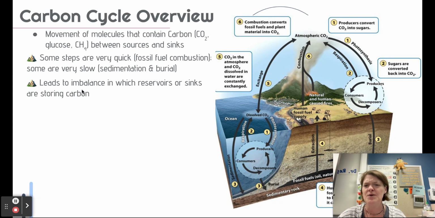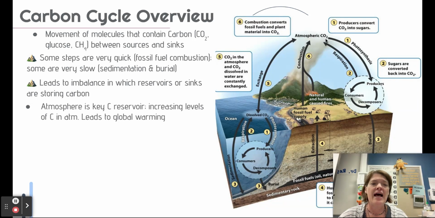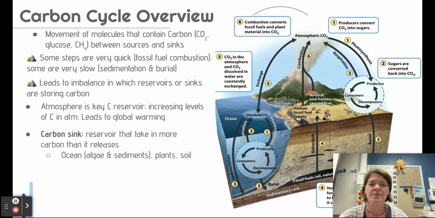So this leads to an imbalance in which reservoirs or sinks are storing carbon. One of the main reservoirs of carbon is the atmosphere. There is a ton of carbon in the atmosphere in the form of CO2. And the issue is that we're increasing those levels of carbon in the atmosphere, which can lead to global warming or climate change, which is what we're seeing right now.